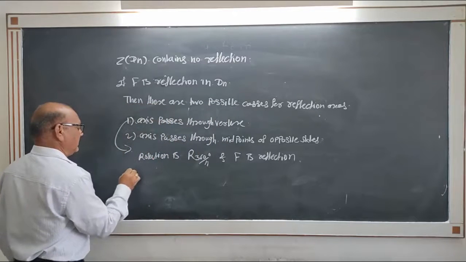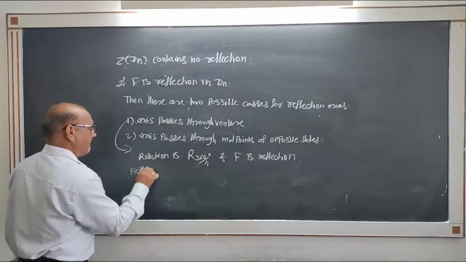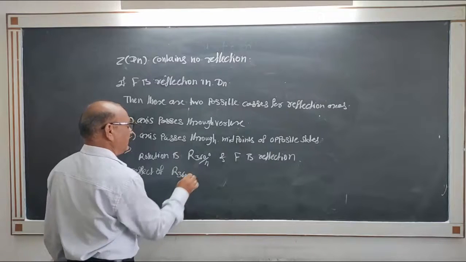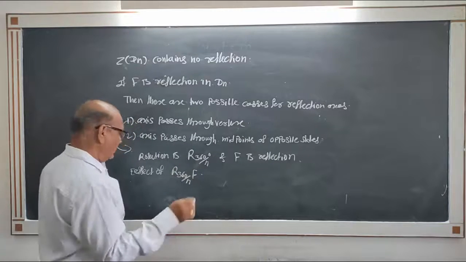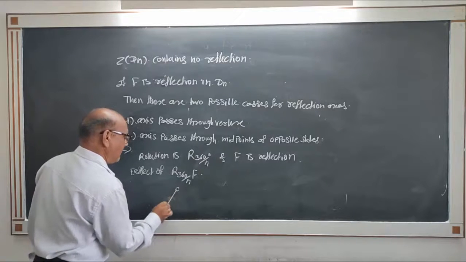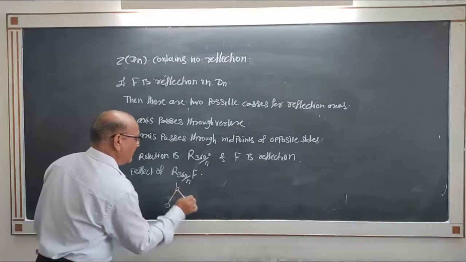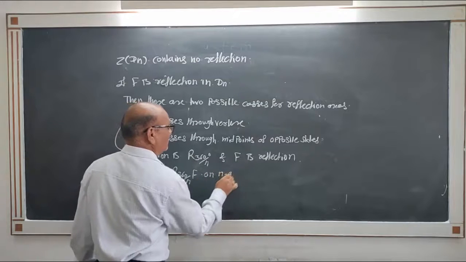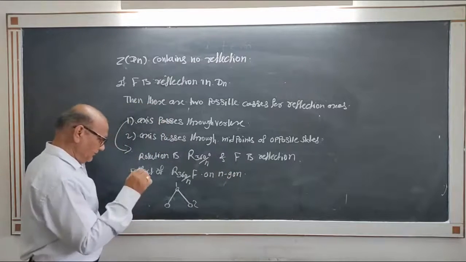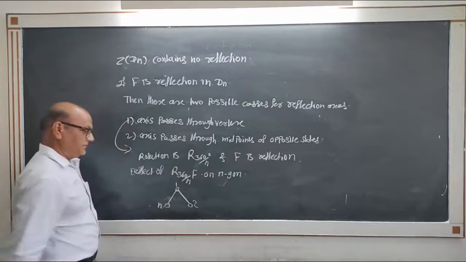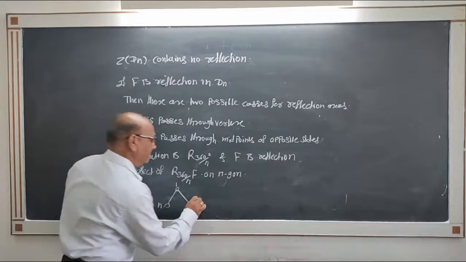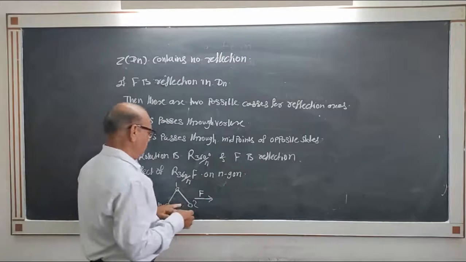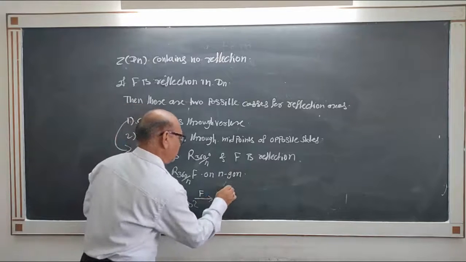Now here the effect of R 360 by n F on an n-gon with vertices 1, 2, up to n: first apply the reflection and then the rotation, by composition of mappings.